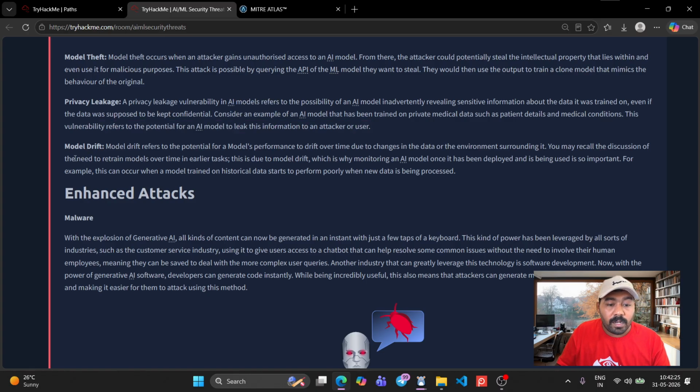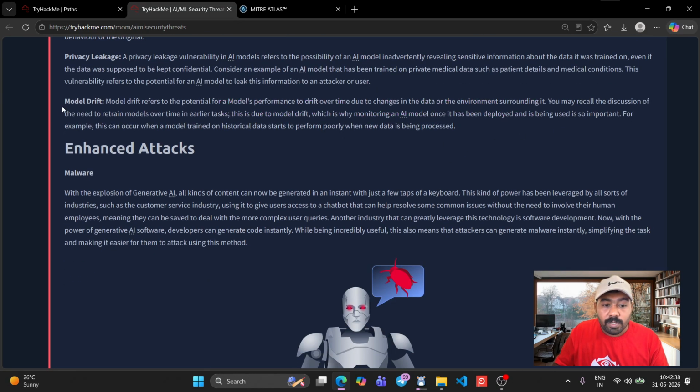Model drift. Model drift refers to the potential of a model's performance to drift over time due to changes in the data environment surrounding it. You may recall the discussion of retraining models over time in earlier tasks.